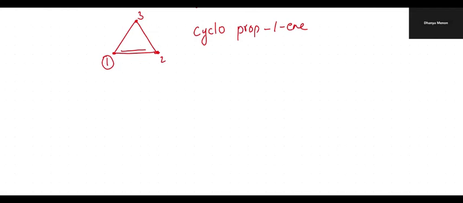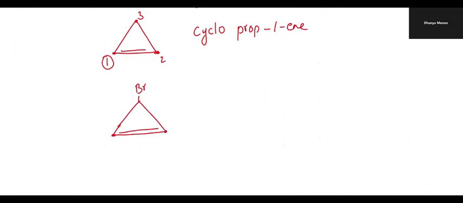So over here, the next example, if I'm giving bromine, this is carbon, this is carbon.